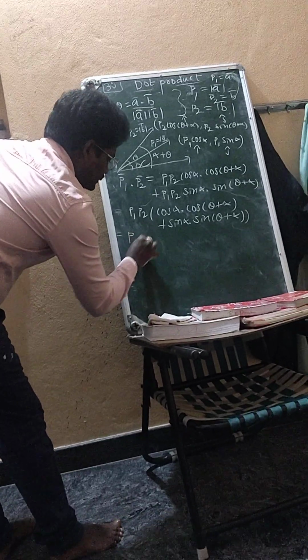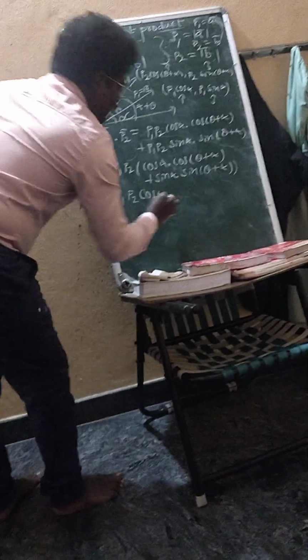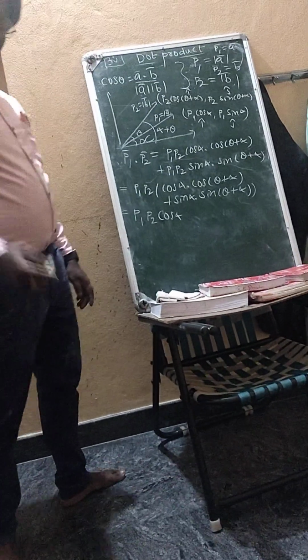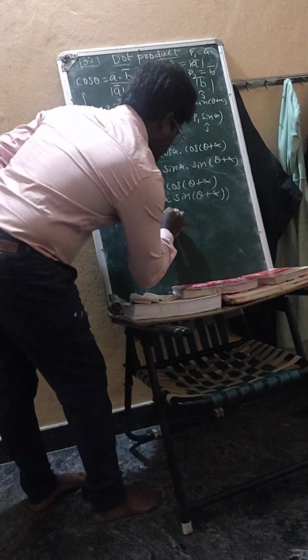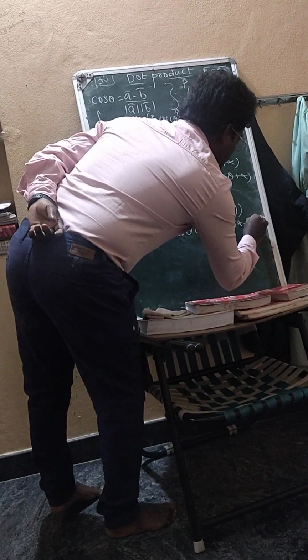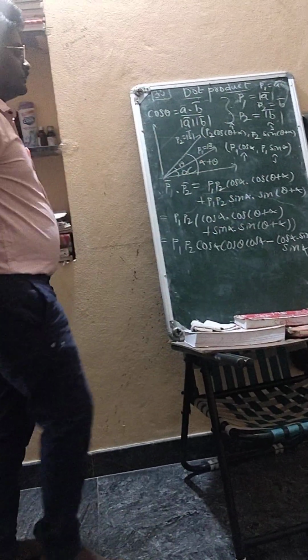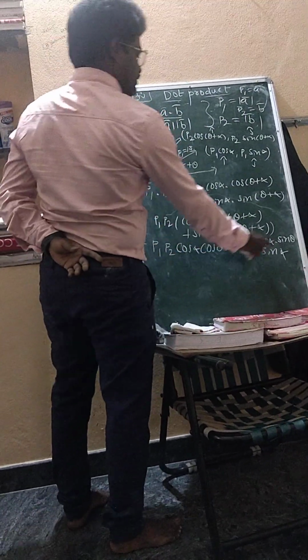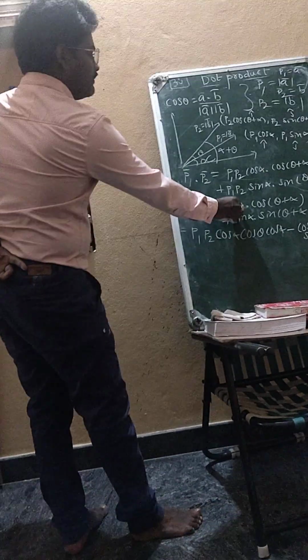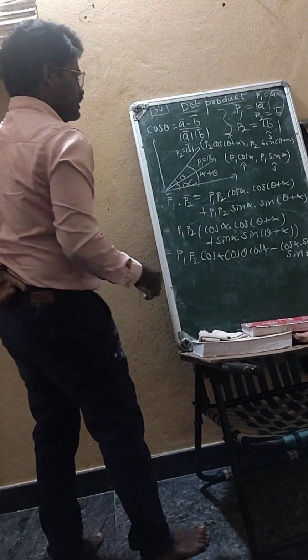Direct step: P1 P2, cos alpha, cos of A plus B. You know the cos of A plus B formula. What is the cos of A plus B? Cos A cos B minus sin A sin B, multiplied with cos alpha.